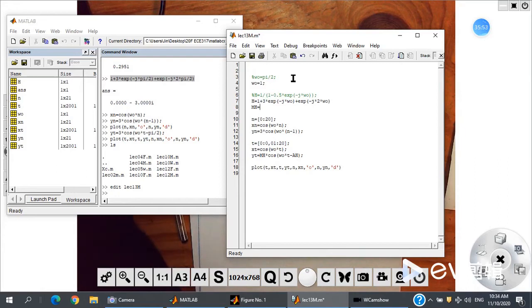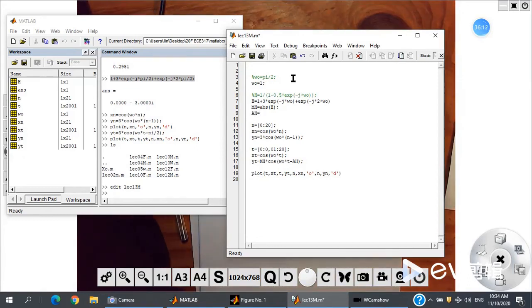Then MH is the magnitude, right? That's the value of H. This is the magnitude and the angle of H.